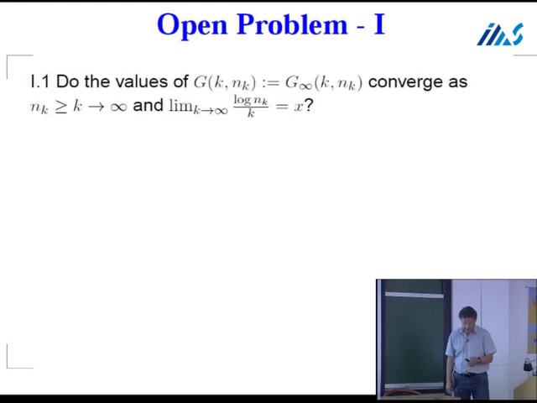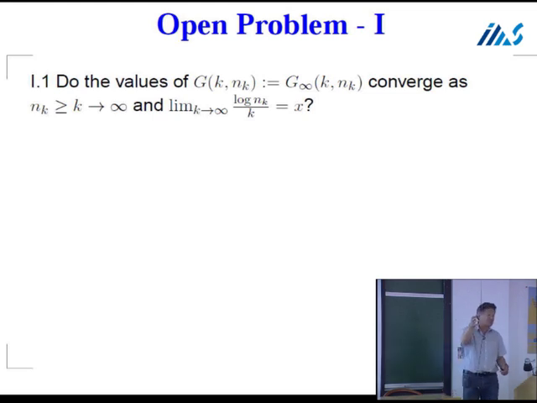So the first one. You look at the values of this game. When I put the duration t, I mean the infinitely repeated game. Player 1 is restricted to an automaton of size k. Player 2 is restricted to an automaton of size k. And the question is, does it converge when the log of the larger automaton's size, over the smaller one, converges to x?